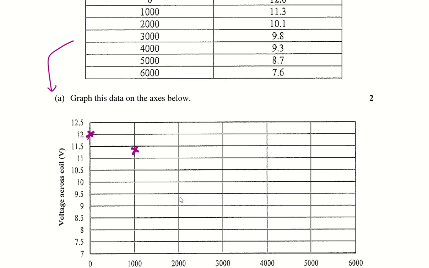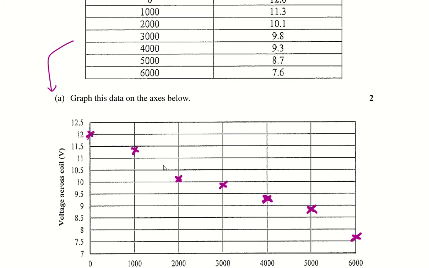At 2000 we are at 10.1, so about here. 3000, about 9.8, so we'll put that there. 4000, 9.3, sorry. 5000 we have 8.7, and then 7.6 at 6000 there. Okay.